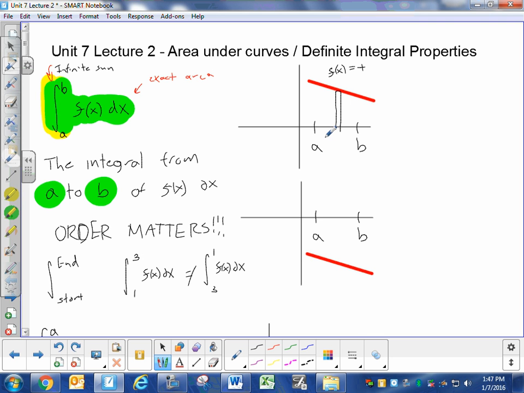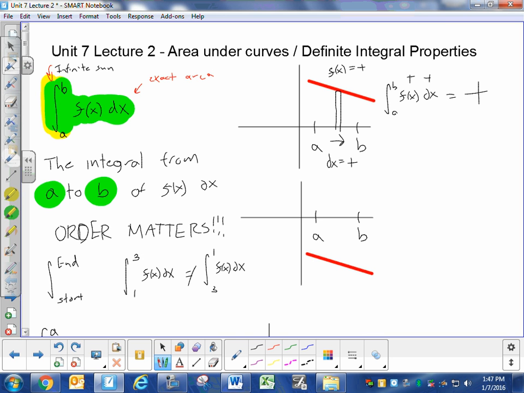Well, here's where the direction matters. Going from A to B, I'm going from left to right. Well, on the x-axis from left to right, that is in the positive direction. We would say these widths are positive. So if I'm finding this area, you would say, okay, positive heights, positive widths, area is positive.